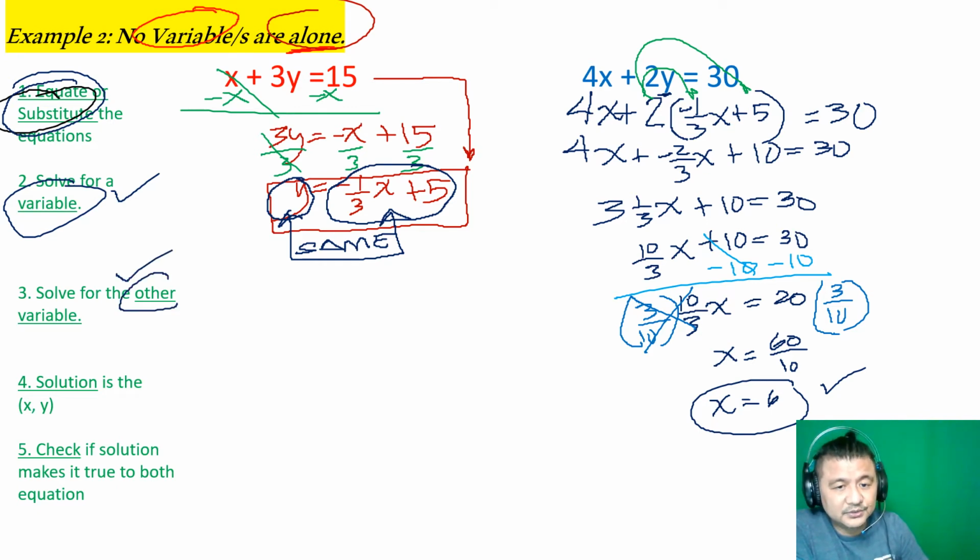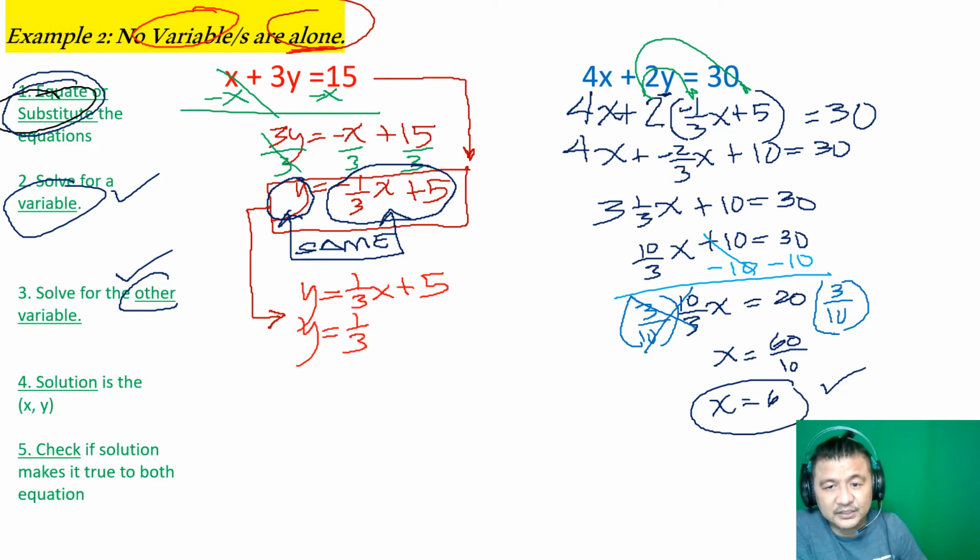Okay, let's use this equation. Let's use the same equation here because y is already alone. So let's use that. y is equal to negative 1/3 x plus 5. Again, this is similar to substitution. y is equal to negative 1/3 times, what is our x? Our x is 6. Okay, then add your 5 again. What is 1/3 of 6?